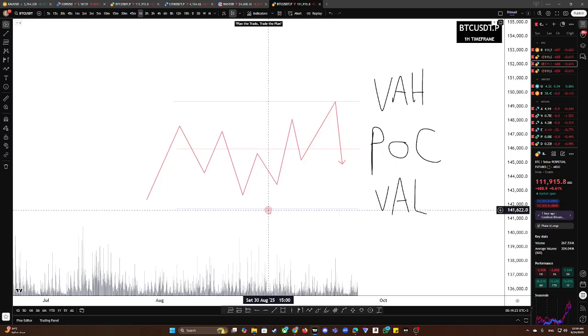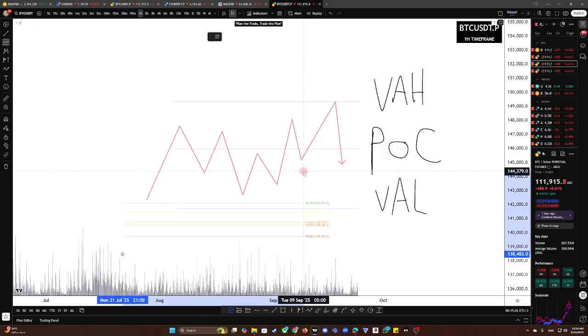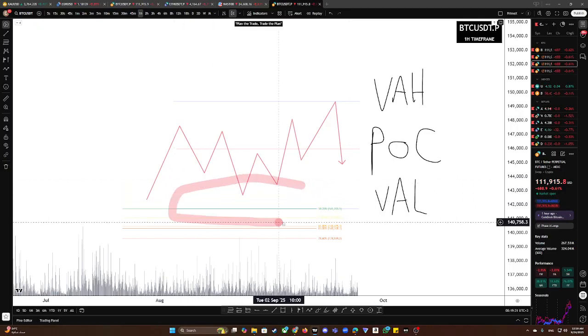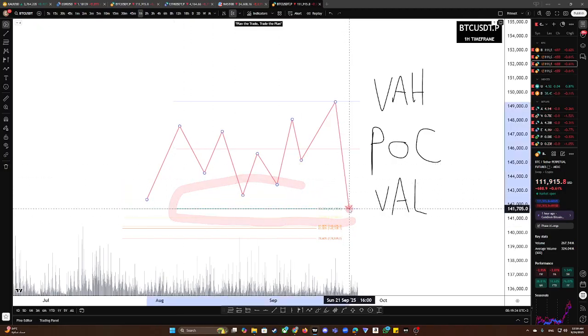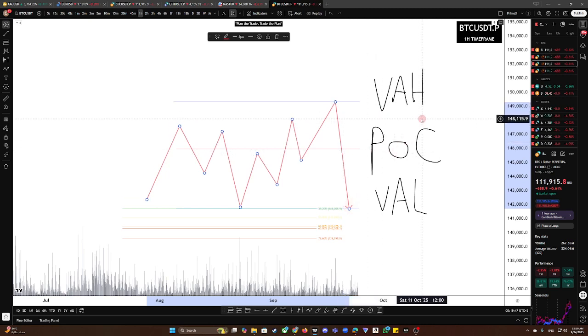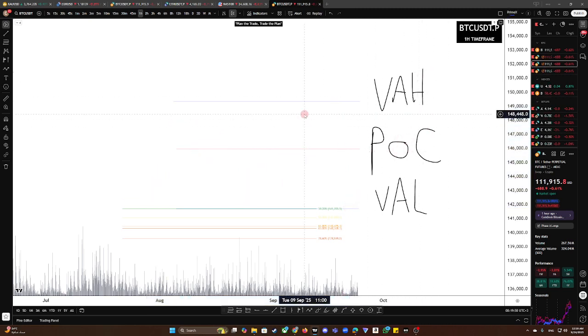So for example, if I have a Fibonacci retracement that is in confluence and at the same line as my value area low, if price decides to go here, then this is a good spot to trade, especially if it's also a support zone that was able to push price once before and then we come to it again. This is a nice area. So the value area low, the POC and the value area high are very nice to have with other indicators and other strategies to have more confluence in your trades.